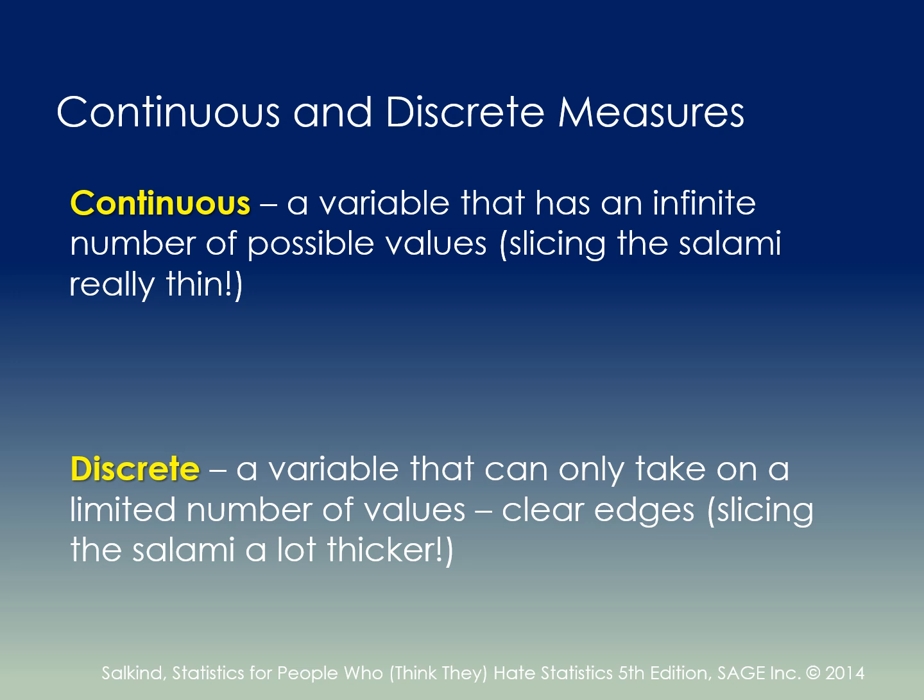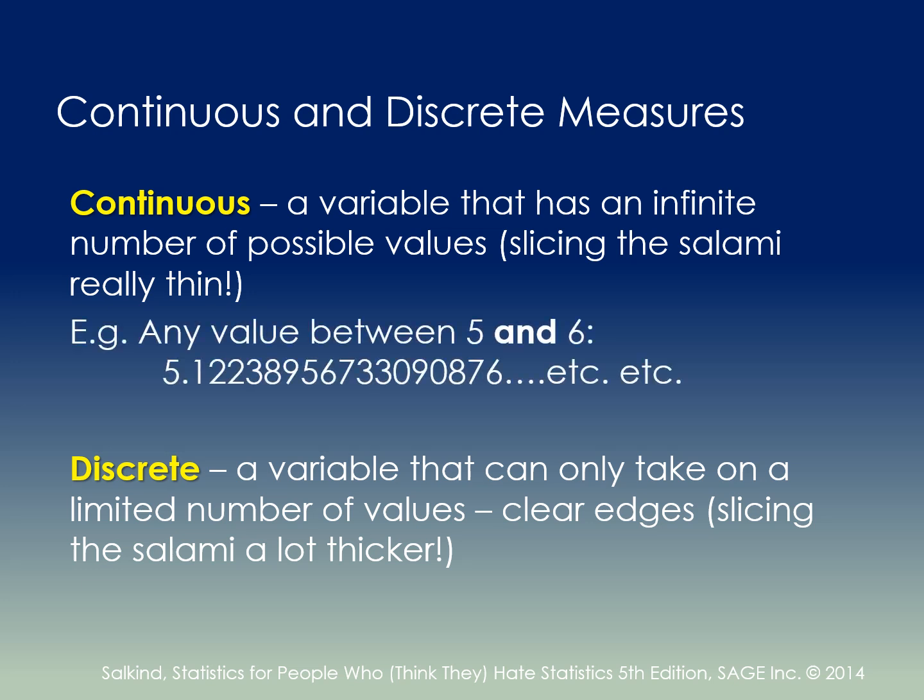Infinite, which means if we had the ability to measure to the smallest nth degree, that's what we would use. So an example of this might be any value between, I just picked these two digits, between 5 and 6. So that means that we'd be able to measure down to the, I don't know, what is that, the 20 decimal places, or even further.